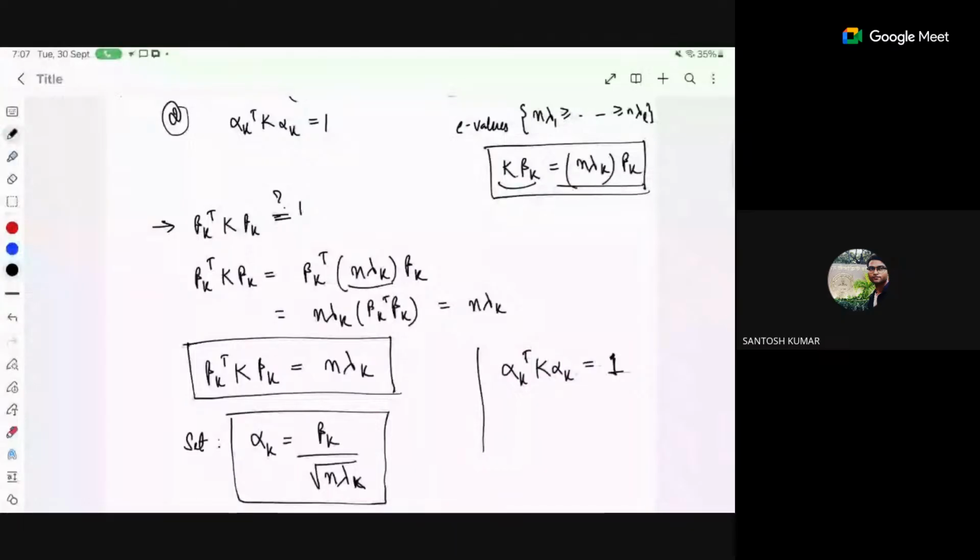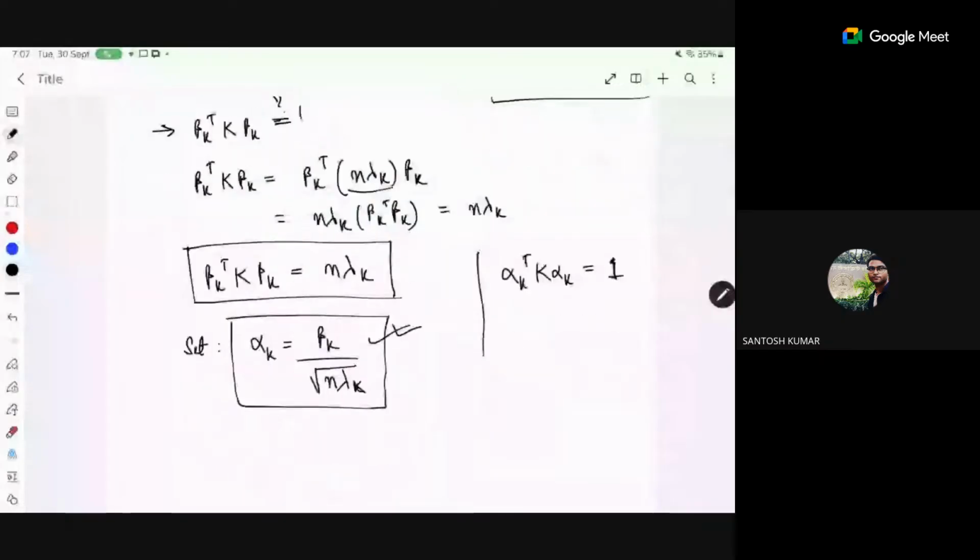So what can we set our alpha k to be such that we are able to find alpha k? And once we have alpha k, I know my wk can be written as x times alpha k. And now this alpha k won't have any wk in it. Okay. So it's not 1 as I could see, it is n lambda k.